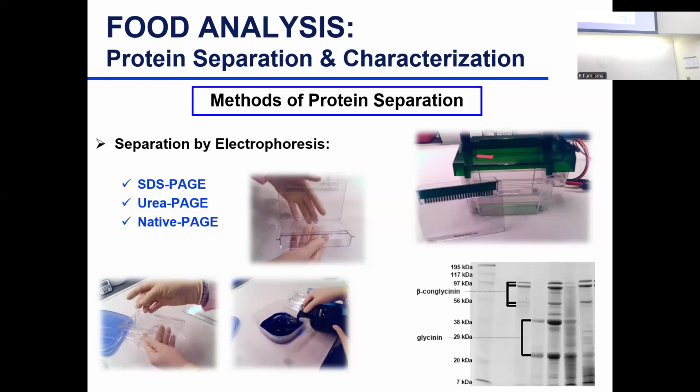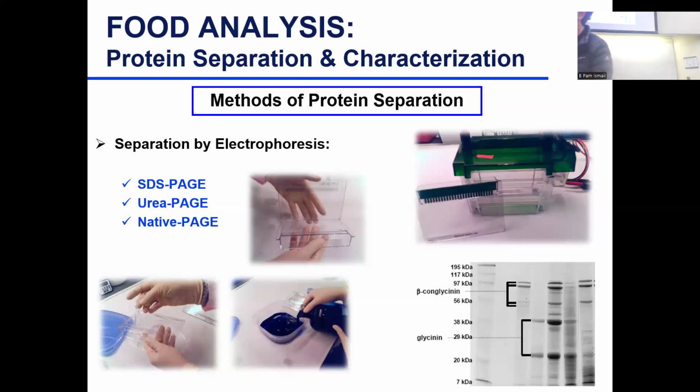Okay, so they come in and you have what we call a comb. When you take that comb out, then you'll have wells. When you prepare your sample, you can load it using very thin pipette tips that can go into each well, about 5 microliters to 30 microliters of sample. But you don't take the comb out before you position your cassette in this container.